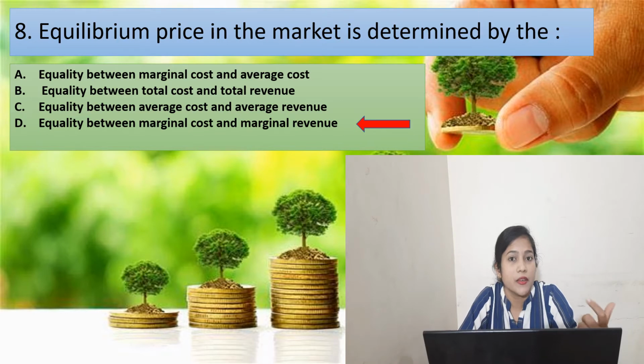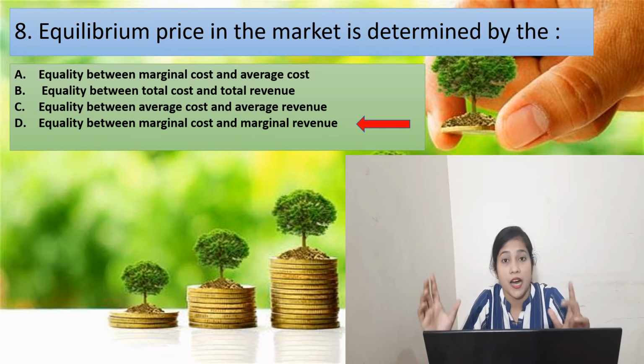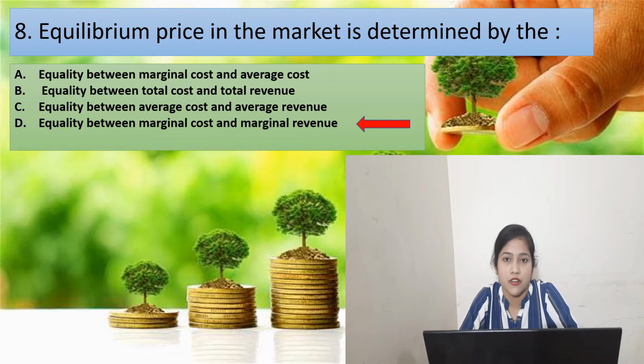When these 2 points are satisfied, it will be the price equilibrium point. So always choose the option with equality between marginal cost and marginal revenue. Getting the point? So here the answer is option D.